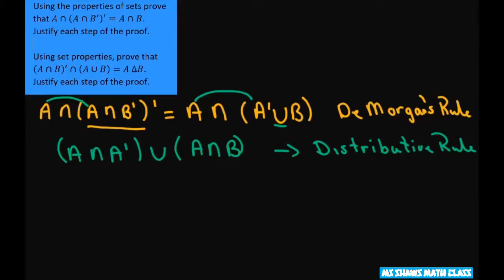All right. Next, I note that A intersect with A prime is the empty set. Then I'm just going to copy down the A intersect B. That's called the intersection rule.